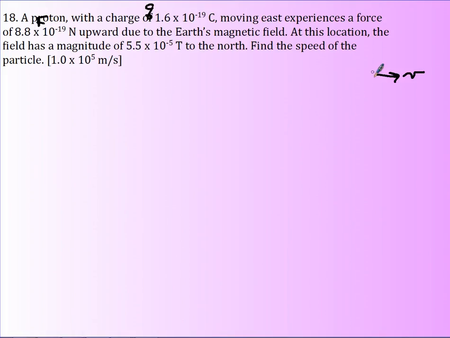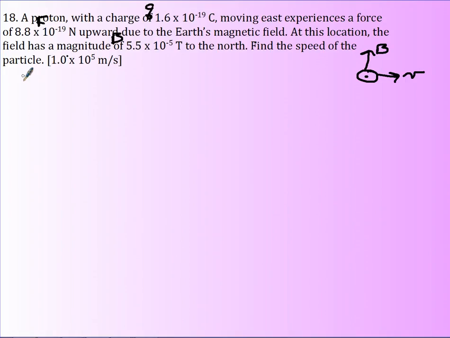Okay, so upward means it's coming up like this. Due to the Earth's magnetic field. At this location, the magnetic field is B, 5.5 times 10 to the negative 5 Teslas to the north. Now we're going to assume this is north, okay, and this is B. This is our diagram. Let's see, find the speed of the particle.